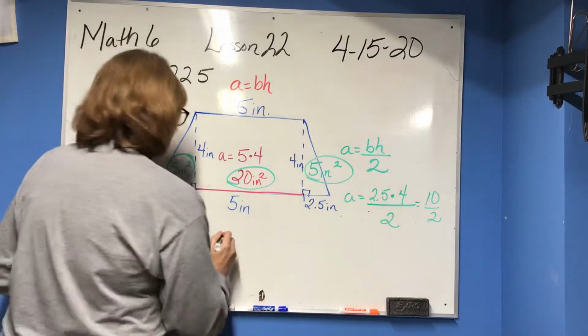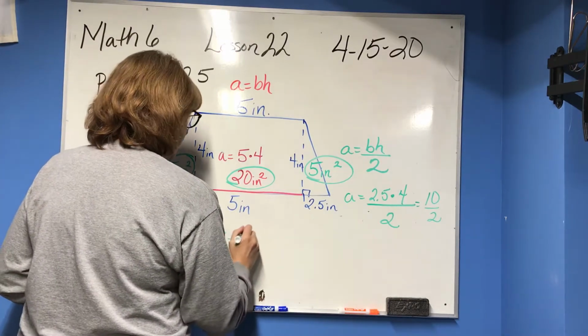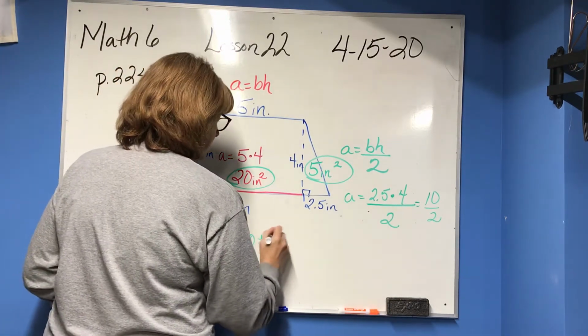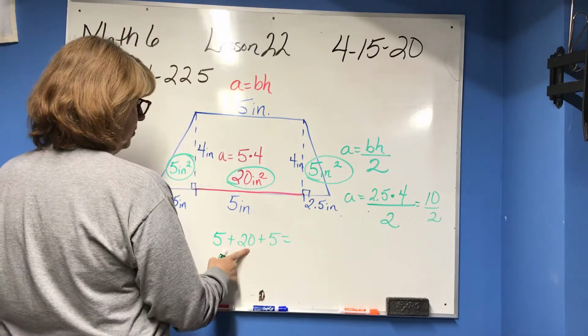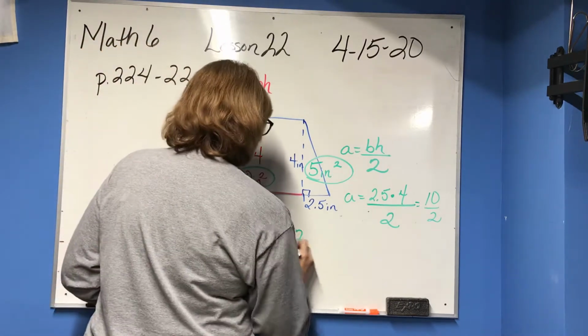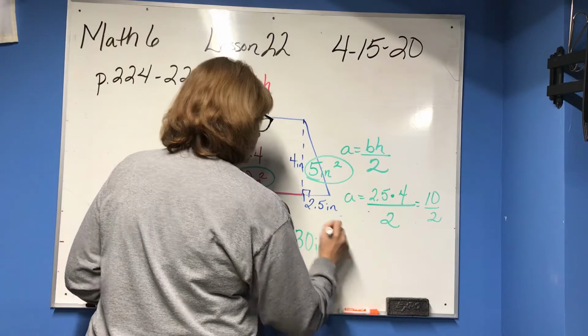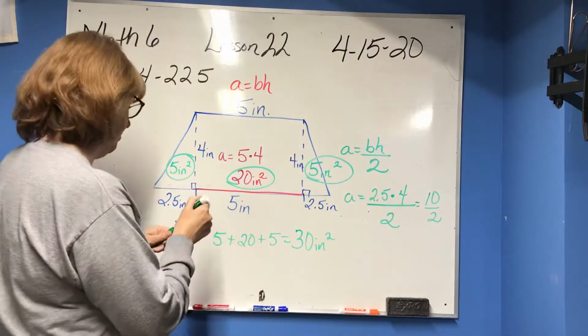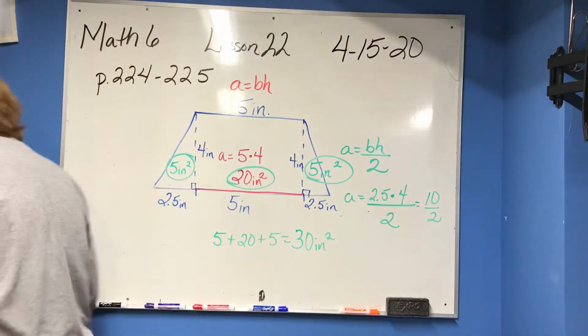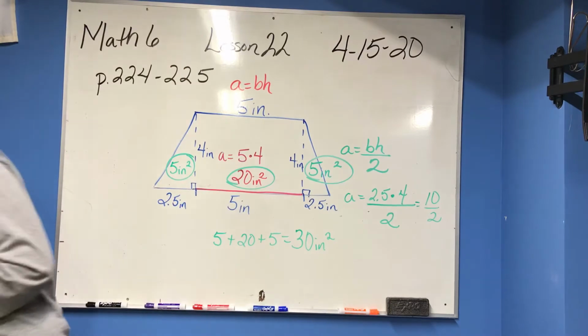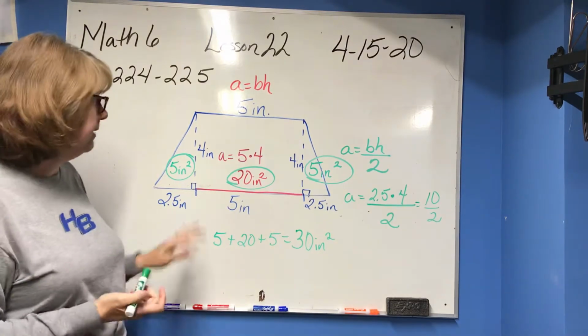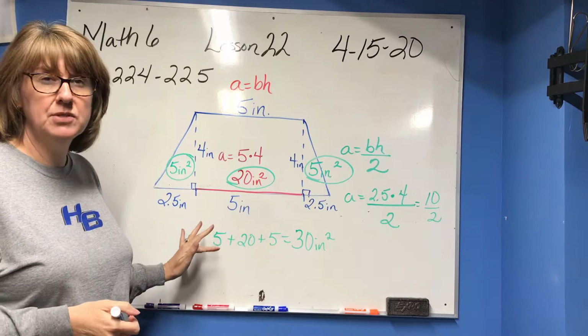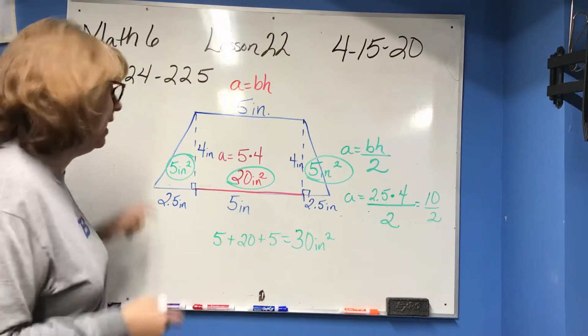So I've got 5 plus 20 plus 5. 5 plus 20, 25 plus 5, 30. So this is 30 inches squared, this whole giant trapezoid. And this is the answer to number 11. If you need to pause this to write this down on number 11, feel free. I'm going to keep going.